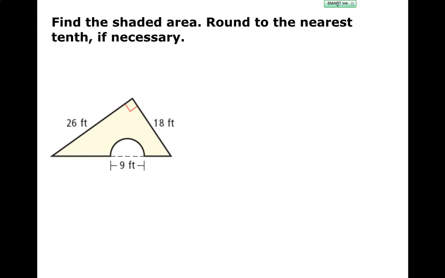So this time, you're subtracting what? Area of half a circle. Okay, area of half a circle. You're not subtracting a whole circle. So figure out the area of the triangle and the area of the circle, and you do want to subtract that half circle, not a whole circle. Yeah, we're cutting it away instead of adding it on.